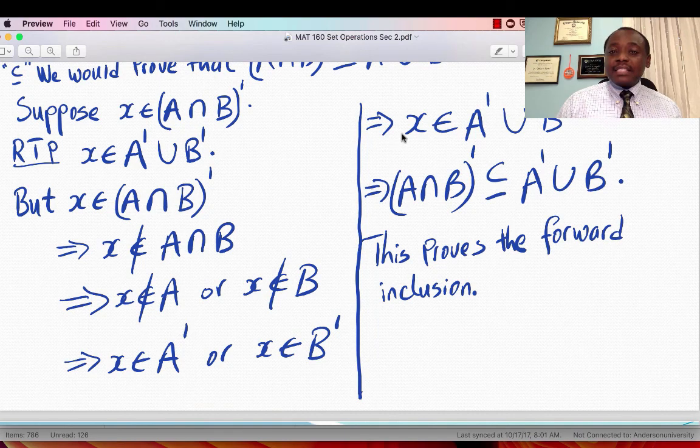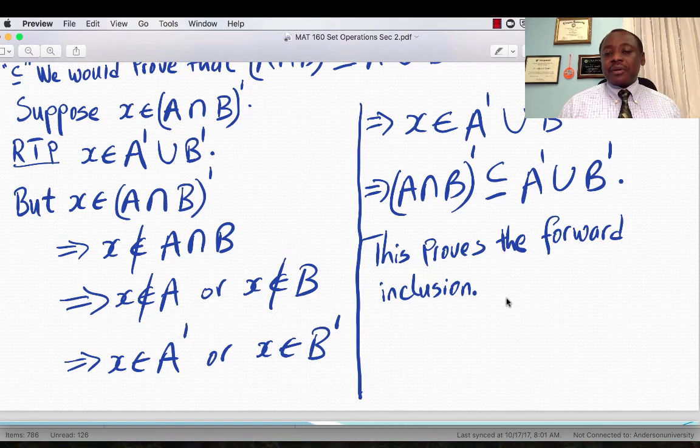So that implies X is an element of A prime union B prime. Wait a minute. We picked X from (A intersection B) prime, and now we have X in A prime union B prime. So that implies where X came from, (A intersection B) prime, is a subset of where X is, A prime union B prime.